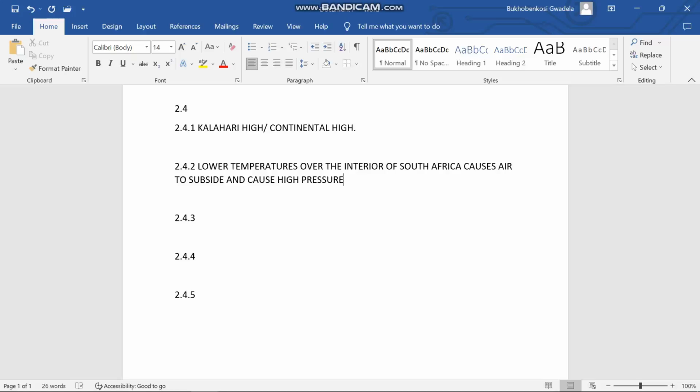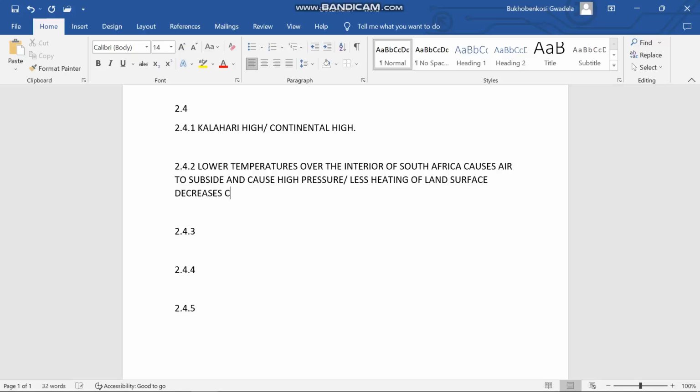You can also say less heating of the land surface decreases convection.